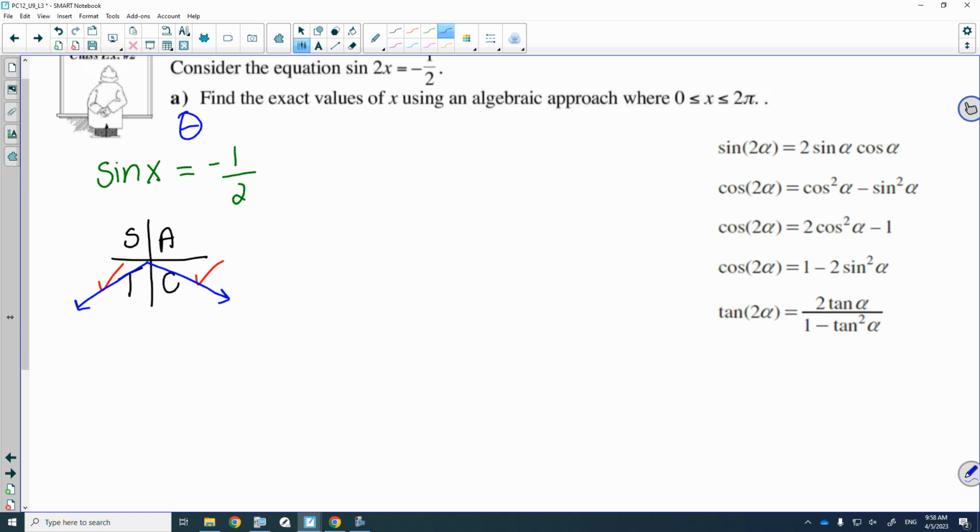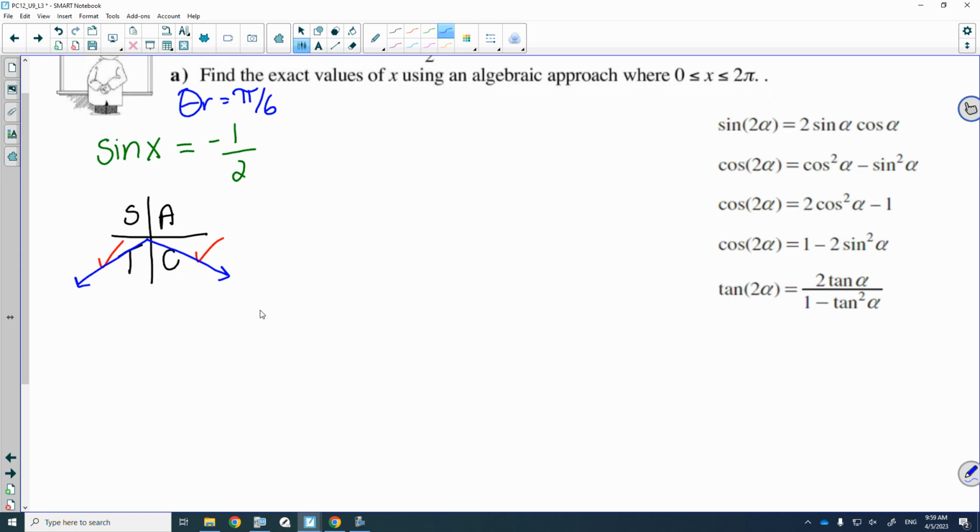The reference angle, we need to find out where is y 1/2. And what would the reference angle be in radian mode, Emery? Where is y 1/2? Pi over 6. Yep. So 30 degrees again, but pi over 6. So in this quadrant and in this quadrant, we have two different answers, right? In this quadrant here, y is negative 1/2.